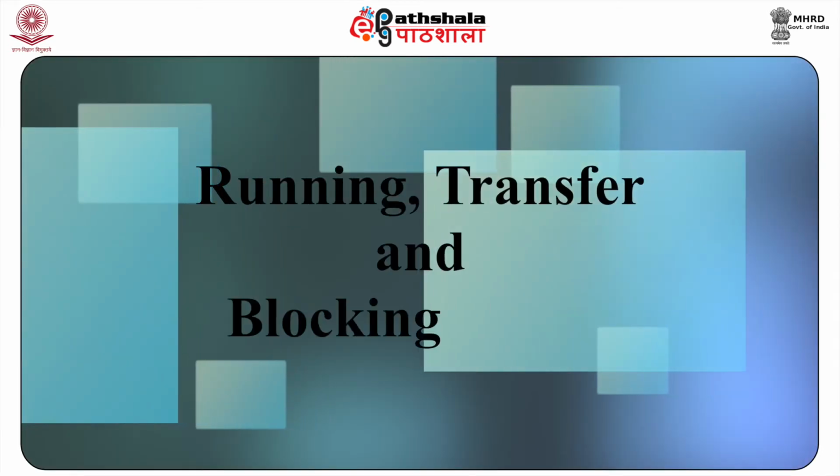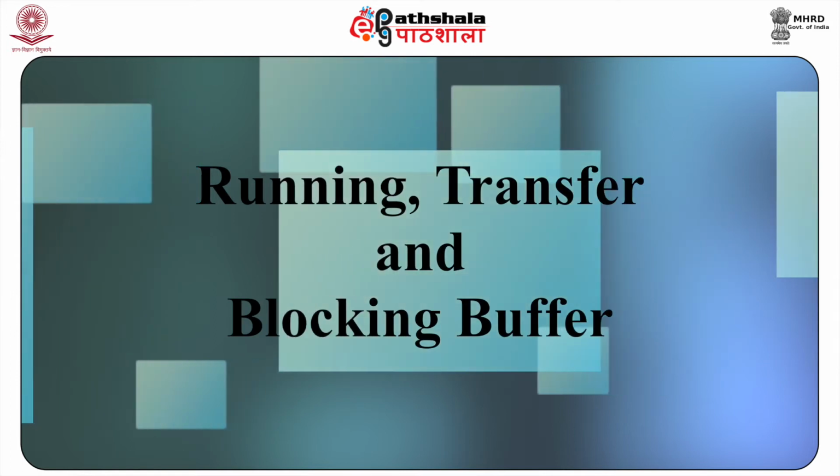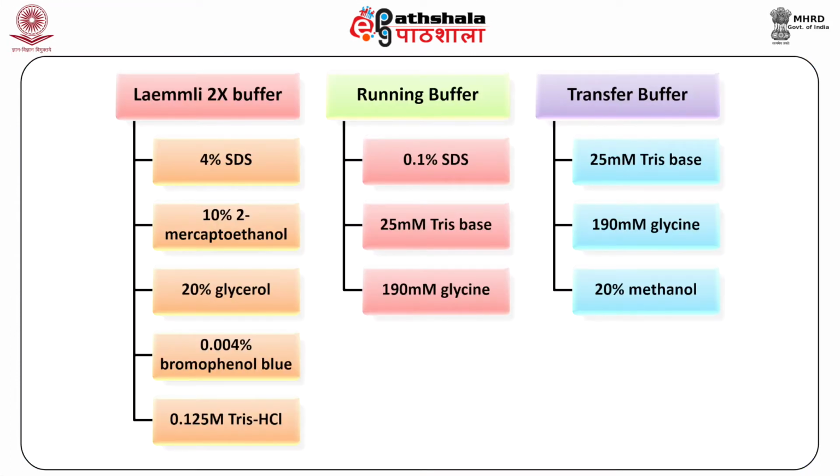Running, transfer and blocking buffer. The Laemmli 2x buffer or sample loading buffer at pH 6.8 contains 4% SDS, 10% 2-mercaptoethanol, 20% glycerol, 0.004% bromophenol blue, 0.125 molar Tris HCl.